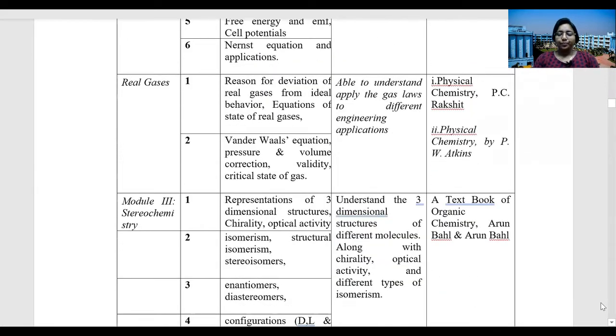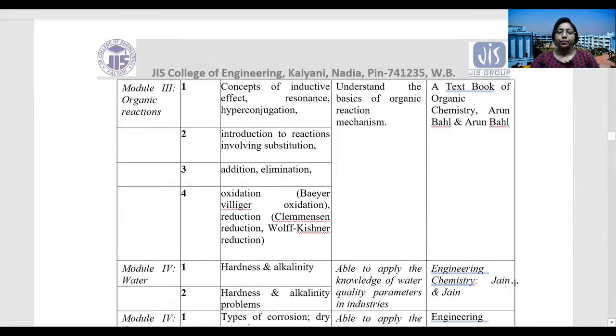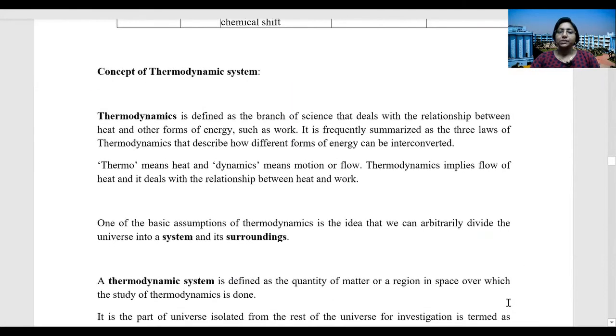So now, first, can you tell what you understand by thermodynamics? What is thermodynamics? Can anybody tell? What is thermo and what is dynamic? Thermodynamics is the combination of 2 words.